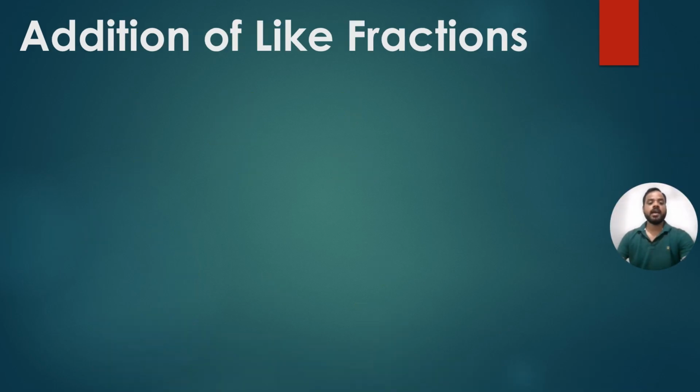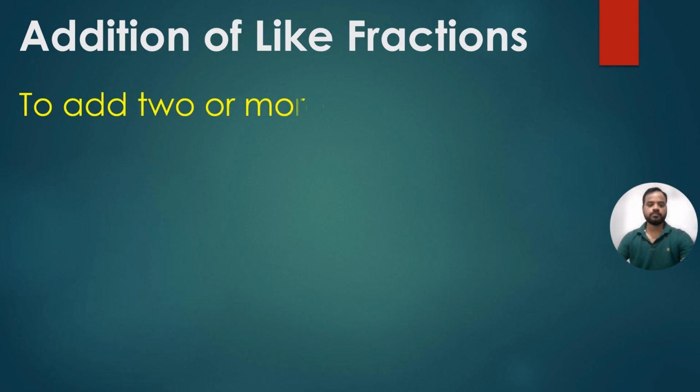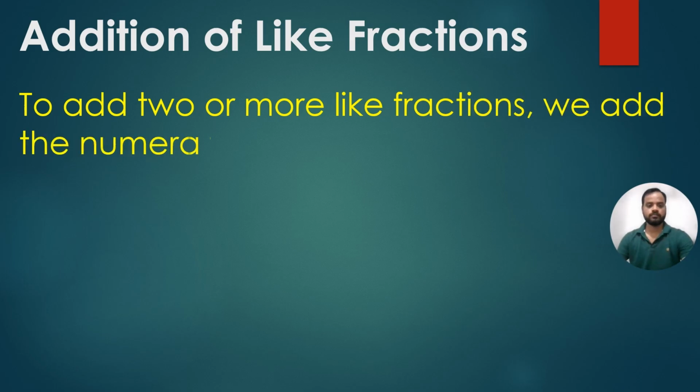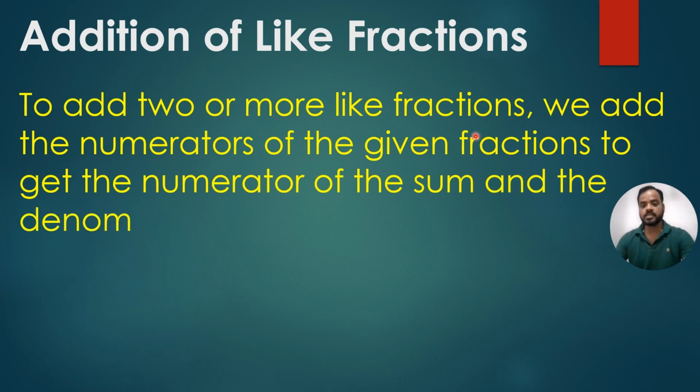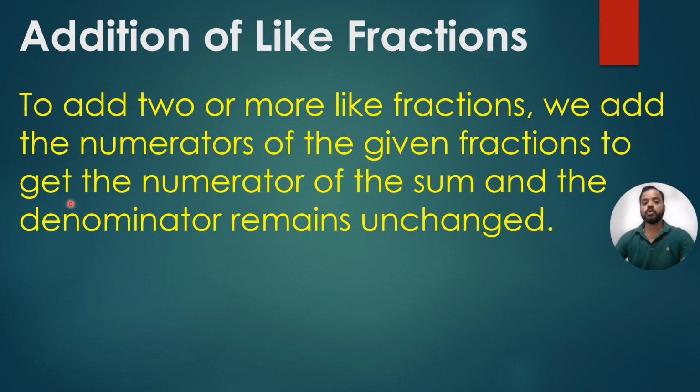Now we will see how to add like fractions. To add two or more like fractions, we add the numerators of the given fractions to get the numerator of the sum, and the denominator remains unchanged.